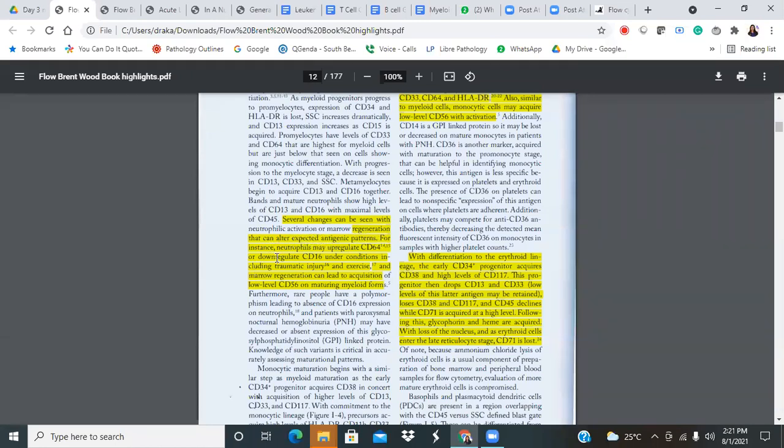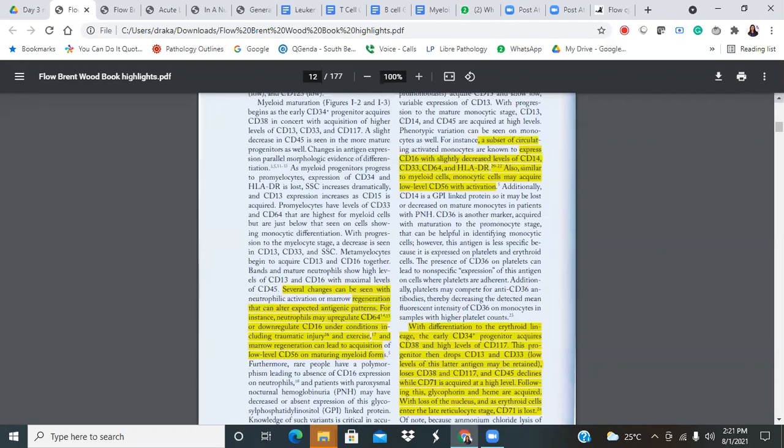For instance, neutrophils may upregulate CD64 or downregulate CD16 under conditions including traumatic injury and exercise, and marrow regeneration can lead to acquisition of low level of CD56 on the maturing myeloid forms. So in regeneration, you can have low level of CD56 in the maturing myeloid forms.